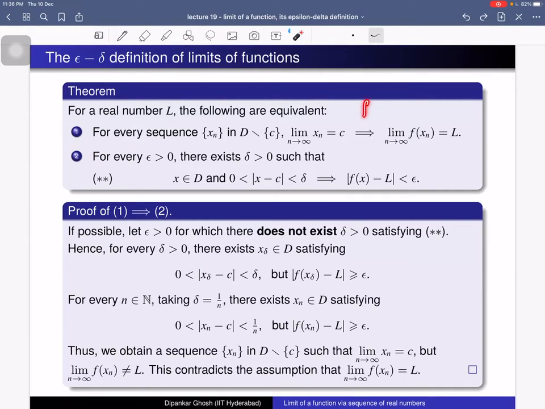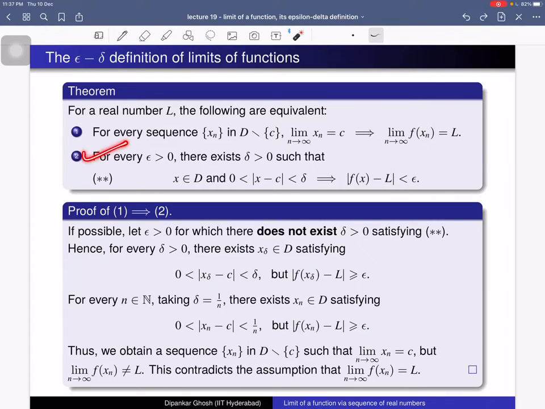So you consider a function f from D to R, D is the domain, and C is some point in R, and it should satisfy the condition that D contains an open interval around C except possibly the point C. With this hypothesis we will prove that these two conditions are equivalent for this real number L. So condition 1 says that for every sequence x suffix n in this set, so all the terms are points of D and no term of this sequence is equal to C, if your sequence converges to C, then the function value f of xn converges to L. So that is condition 1.